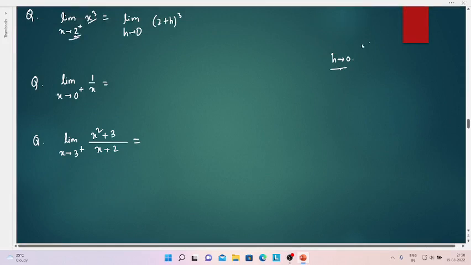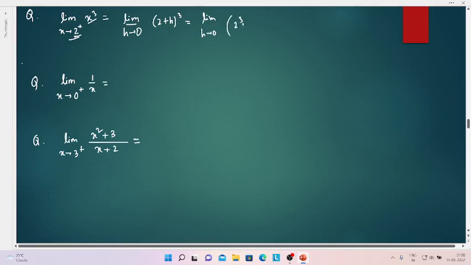So we take x equals 2 plus h, and the limiting value will be the limit as h tends to 0 of (2 plus h) whole cube. Now you can express this as (a plus b) whole cube.